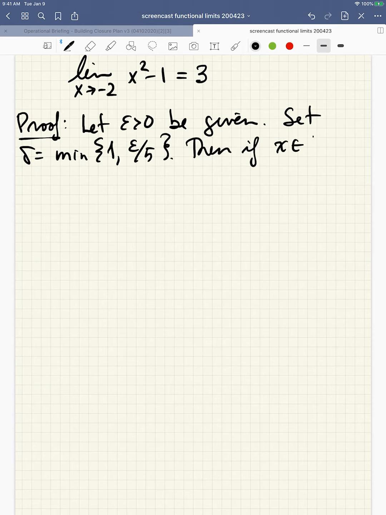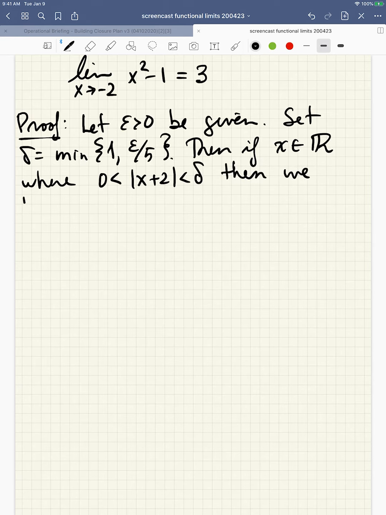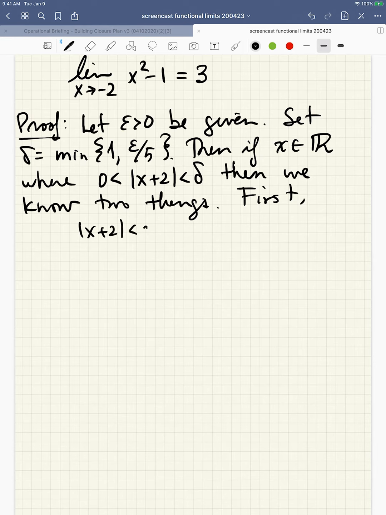Then if x is a real number where 0 is less than absolute value of x plus 2 is less than delta, then we know two things. First, absolute value of x plus 2 less than delta means minus delta is less than x plus 2 is less than delta.